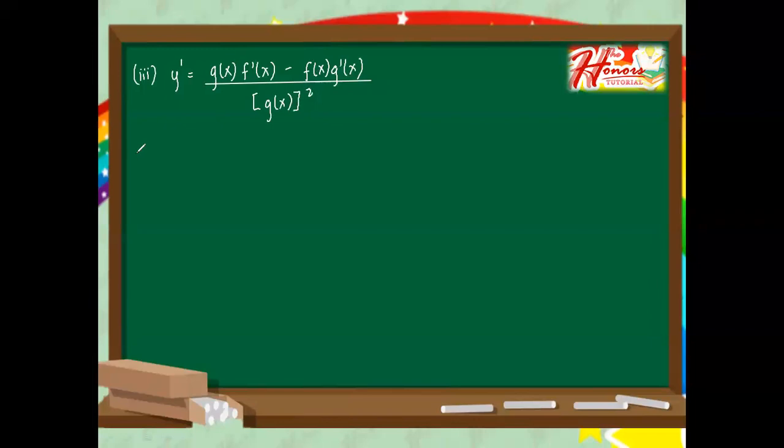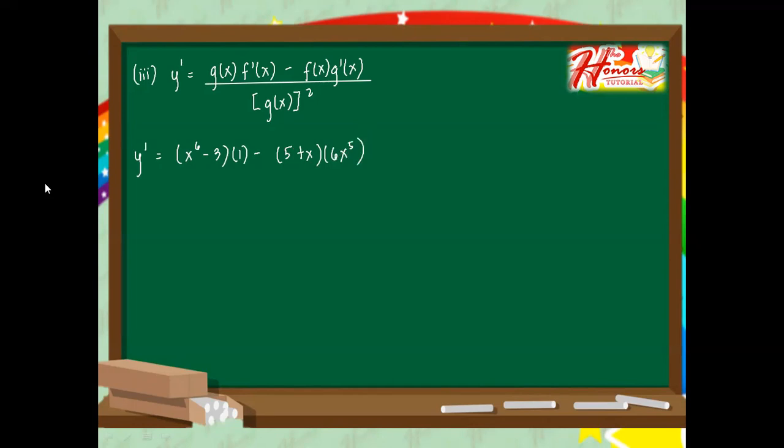Okay. So we have here y prime is equal to g of x, that is the quantity of x raised to 6 minus 3, times f prime of x, that is 1, minus f of x. F of x is 5 plus x, times g prime of x, that is 6x raised to 5.